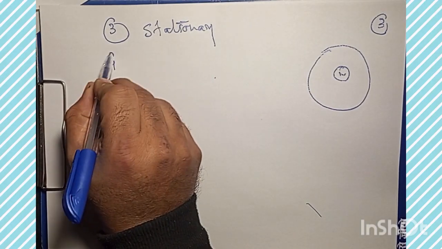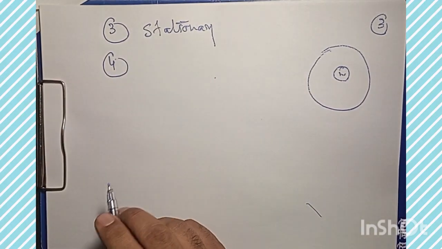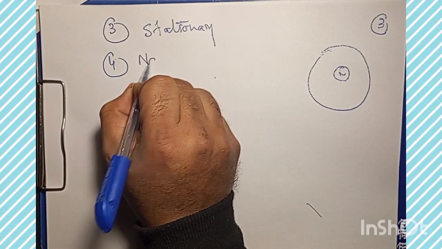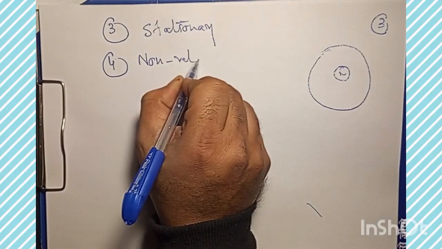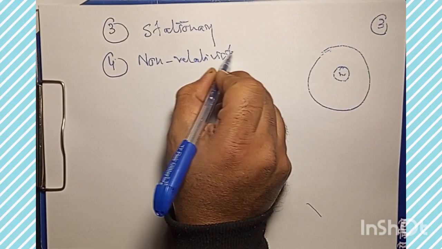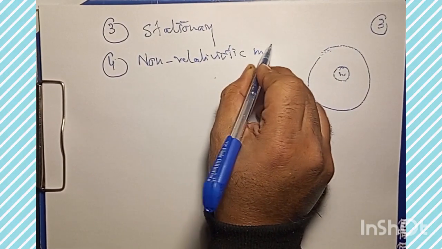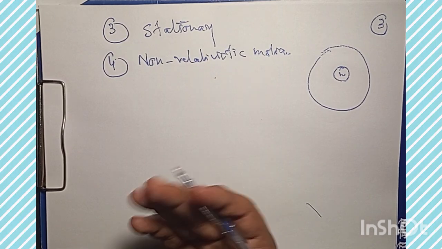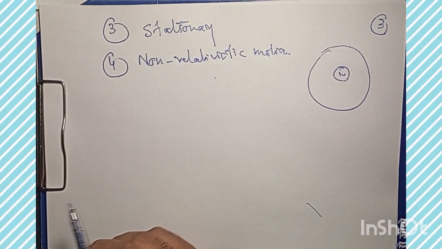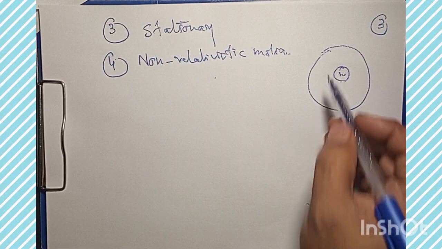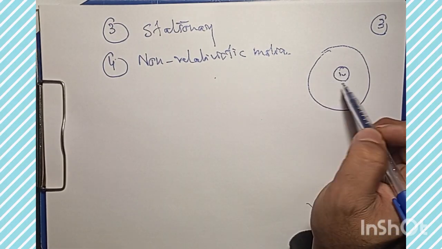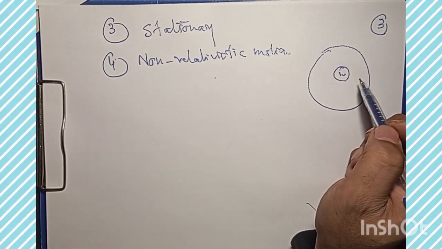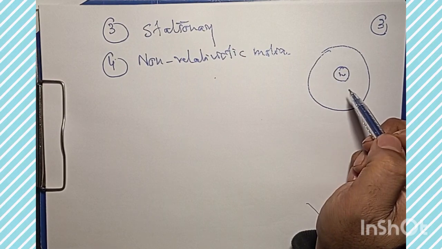The next important point is non-relativistic motion. Everybody understands what non-relativistic motion means. It means that the speed of the electrons in circular orbits is very, very much less than the speed of light.